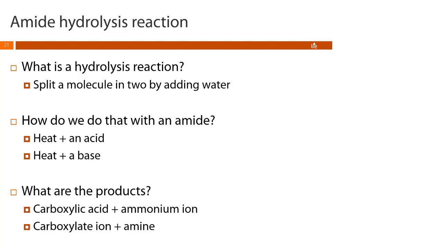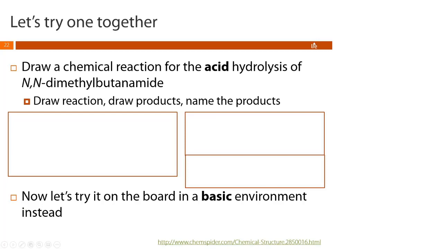So let's try an example. So I want you to pause this video and see if you can draw a chemical reaction for the acid hydrolysis of N,N-dimethyl butanamide. I want you to draw the reaction, draw the products, and then name the organic products. So N,N-dimethyl butanamide.